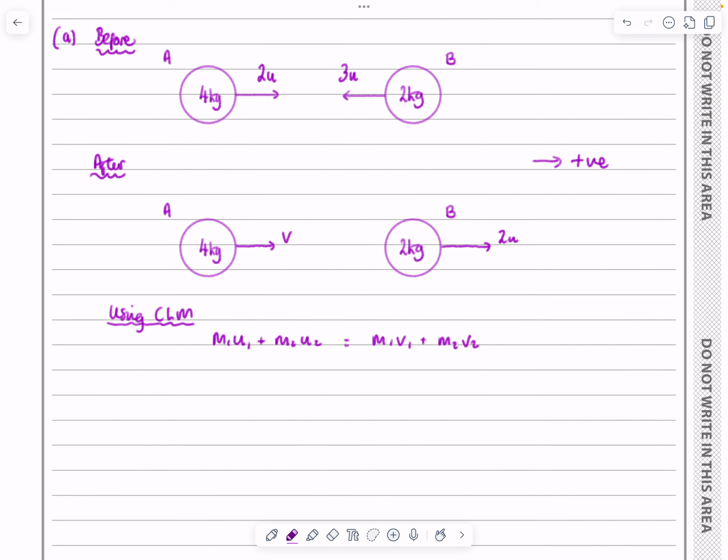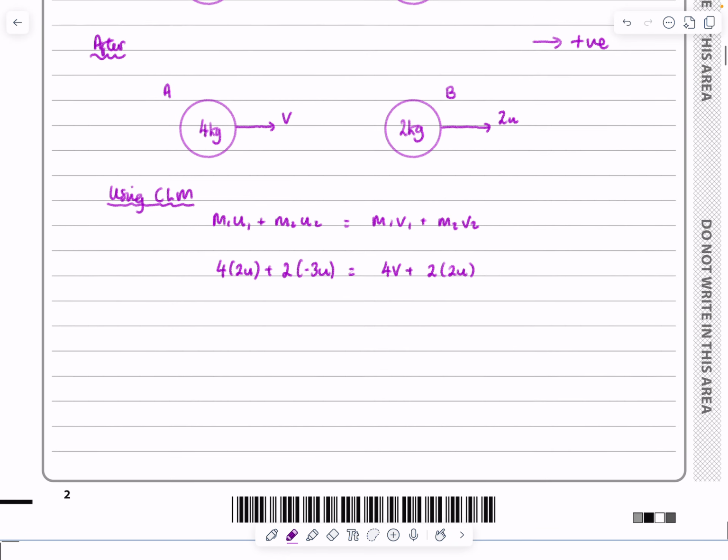So M1U1 is 4 times 2U plus 2 times minus 3U, if I've set the other direction as positive, is equal to 4V plus 2 times 2U for M2V2.